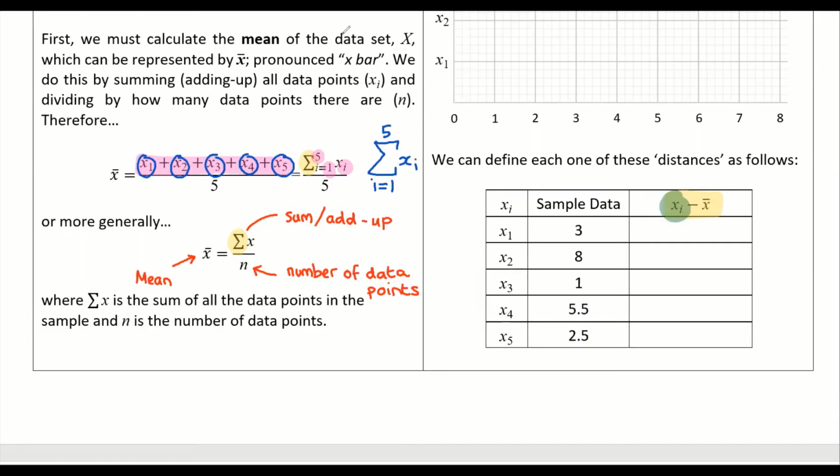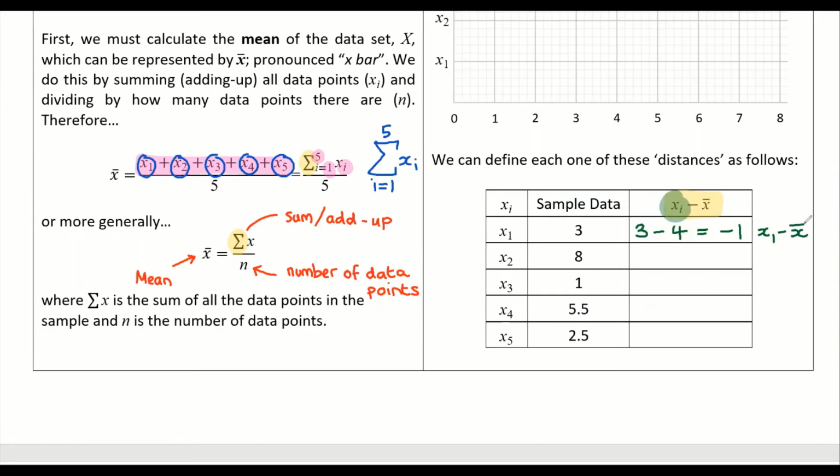So let's do that. And I'll write the calculation out just so it's really clear. So we take the data point, which was 3, okay, and we subtract the mean x bar, which was 4, and we got -1. Okay, and what we've done there, if you want to just make it a bit more abstract, we've done x1 subtract x bar in that row.